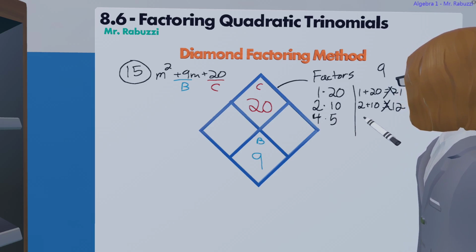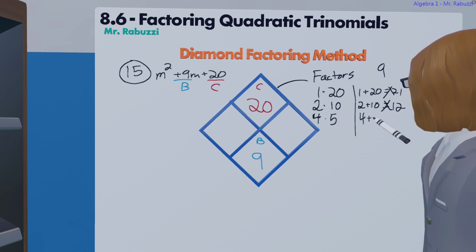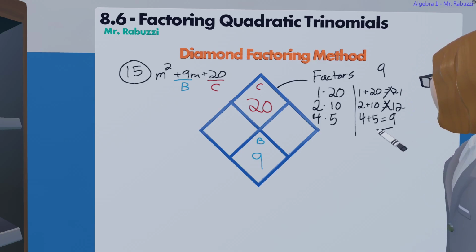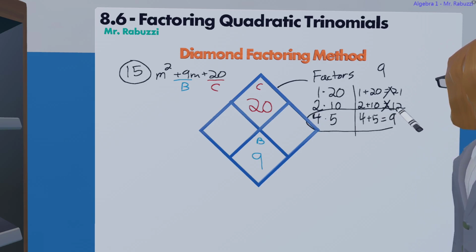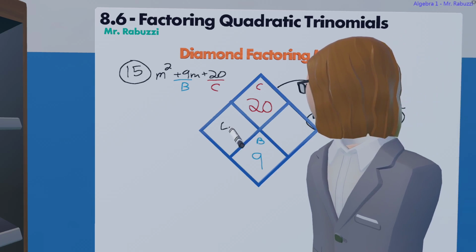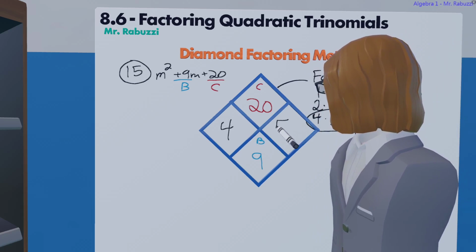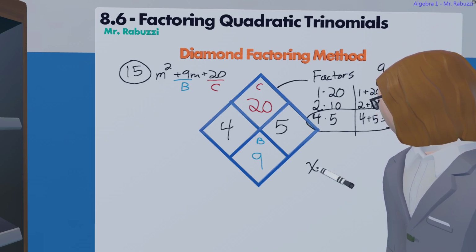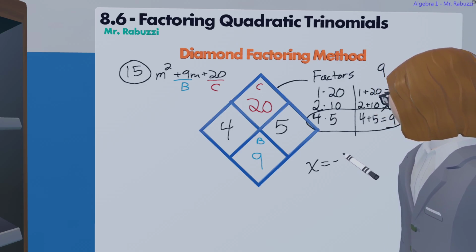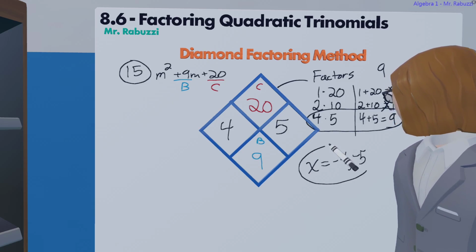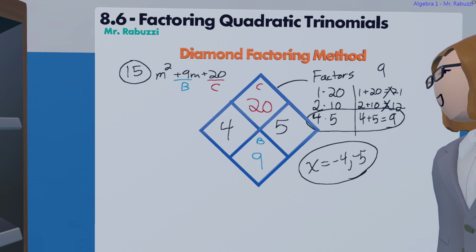That's 20. 4 plus 5. That's 9. Good. All right, so our two factors were 4 and 5, which means our answer is -4 and -5. And we're done.